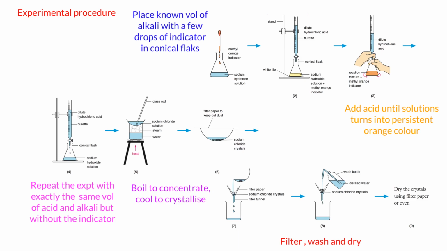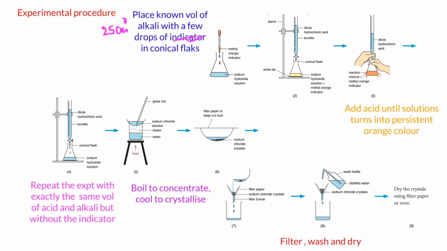For example, I'm going to put 25 cm cube of alkaline in the conical flask, and then I will add a few drops of indicator. In this case, we have used methyl orange. Then you will say, add a few drops of methyl orange in the conical flask. This is the preparation of the conical flask solution.